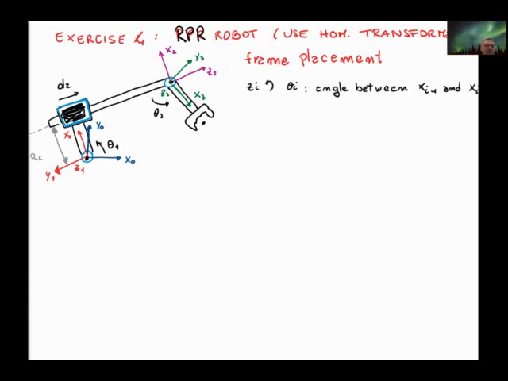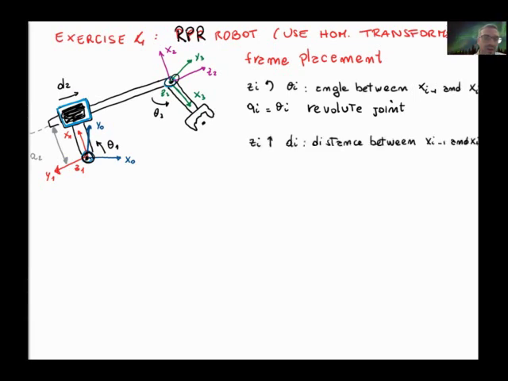We have two revolute joints. So the Z axis for the base frame will be coming out from the page, from the zero frame, and coming out from the page also for the third one. And then we have a prismatic joint, and this will have the Z-axis along the joint motion, linear motion.